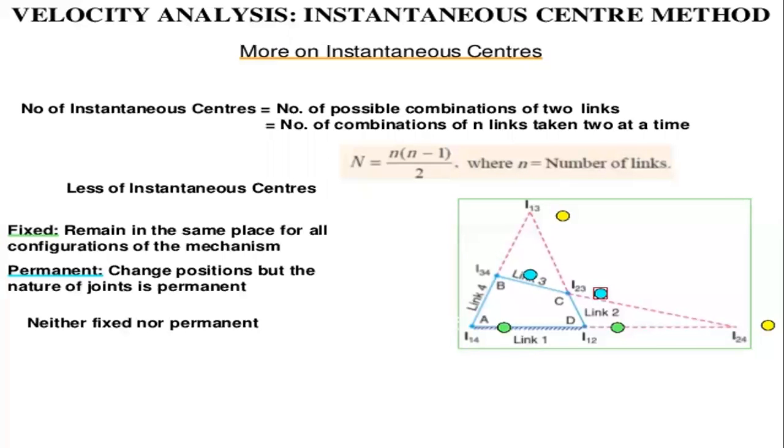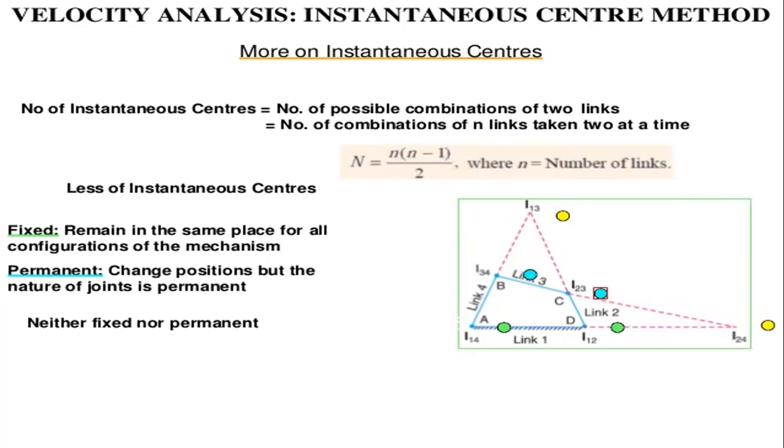So first one is the fixed instantaneous center and second one is the permanent instantaneous center. You all know about the difference between the fixed instantaneous center and the permanent instantaneous center. In the figure you can see it.